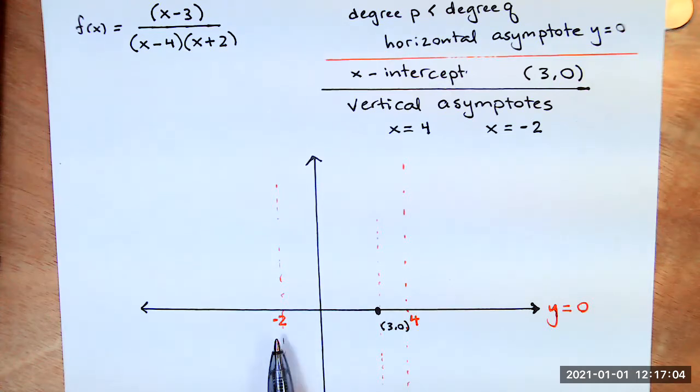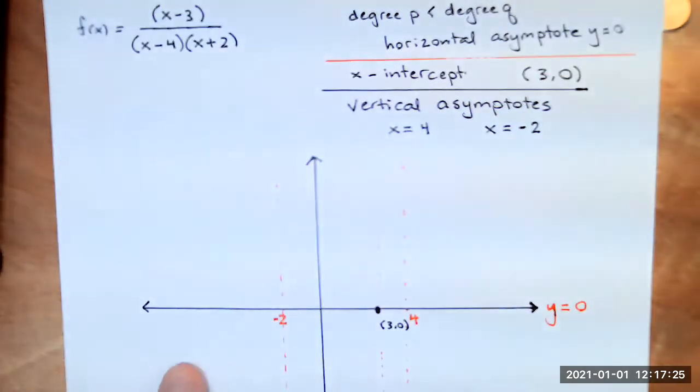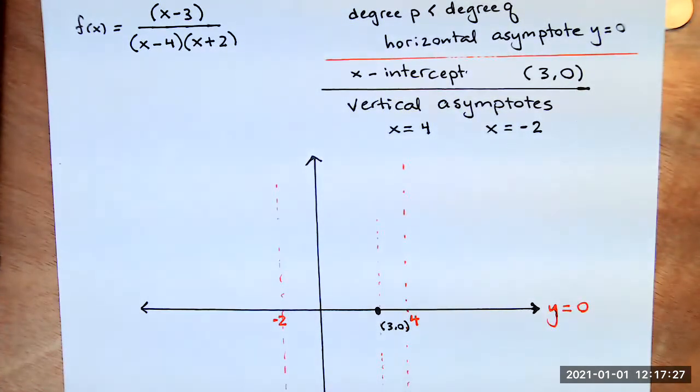I know that negative 2 and 4 are going to be vertical asymptotes, and 3, 0 is an intercept. I know the horizontal asymptote is y equals 0. So the rest of it we can just fill in using a sign chart. So we just test a point in each of the 1, 2, 3, 4 regions.